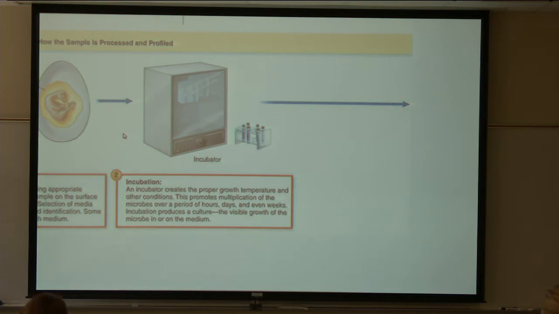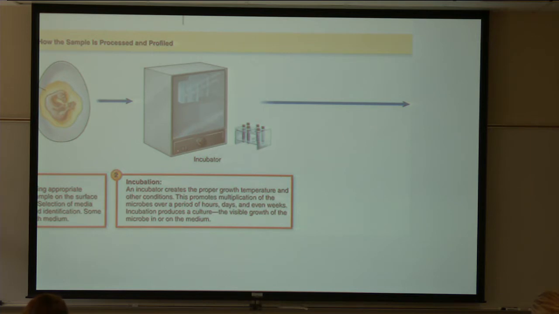So what we do is, for our incubation, you have to use proper temperature, and we like to use 37 degrees Celsius. What was the important thing about 37 again? Body temperature. Human body temperature. Oftentimes we use 25 degrees Celsius. Does anyone know what 25 is?